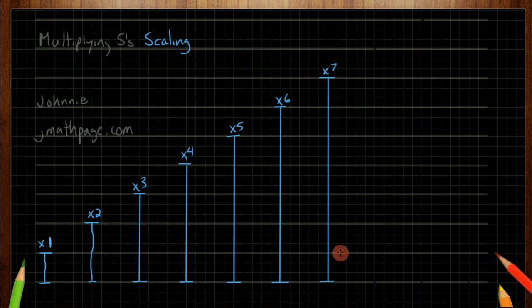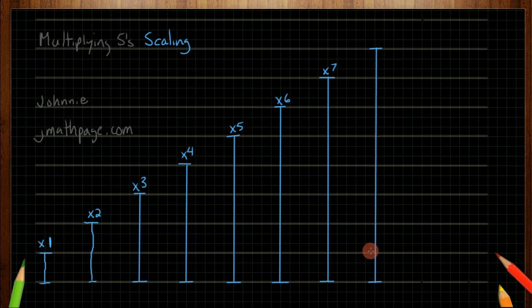So look how tall this one is now. 7 measures, whereas this is only 1 measure. Over here, 1 measure, 2, 3, 4, 5, 6, 7, 8 measures tall. 8 measures tall.